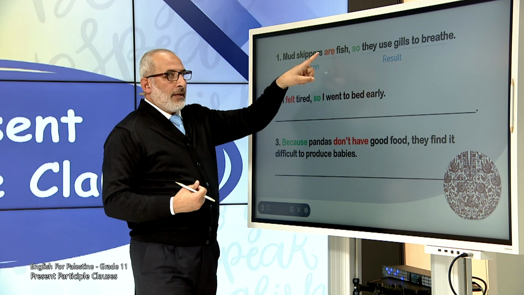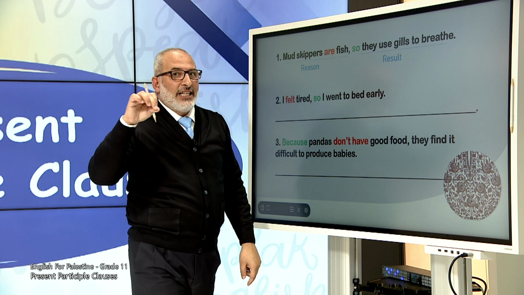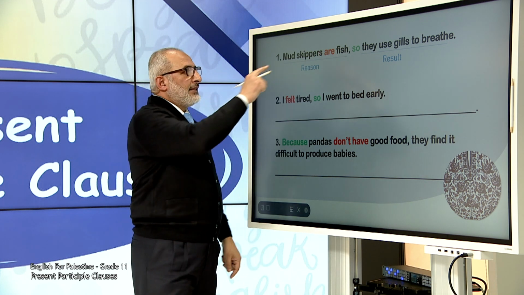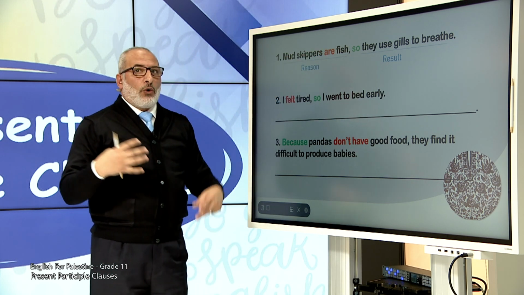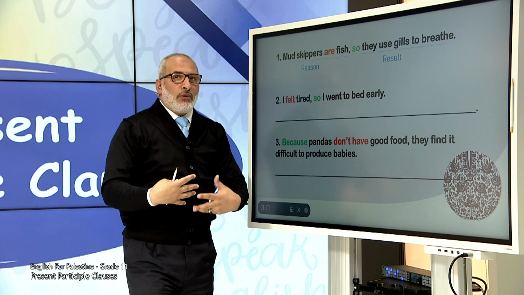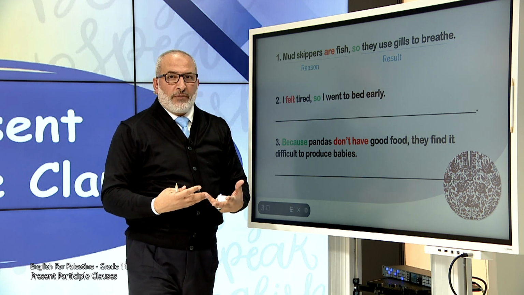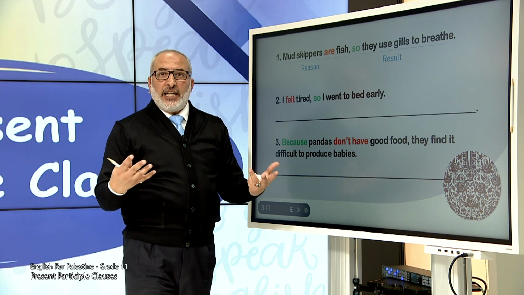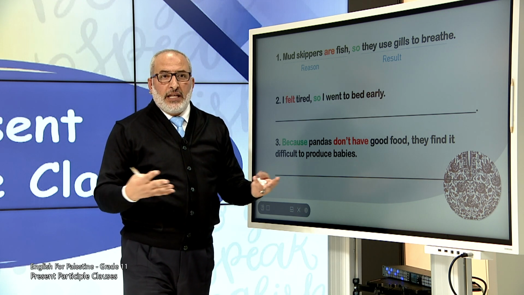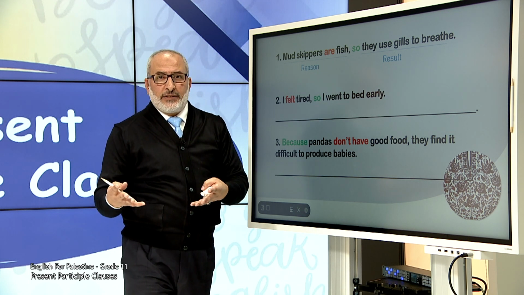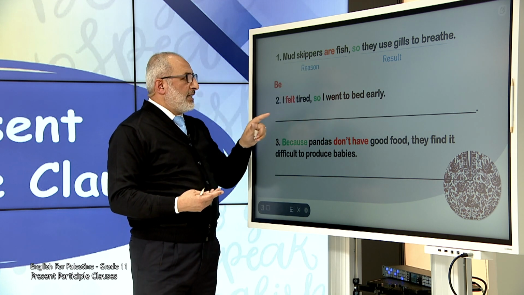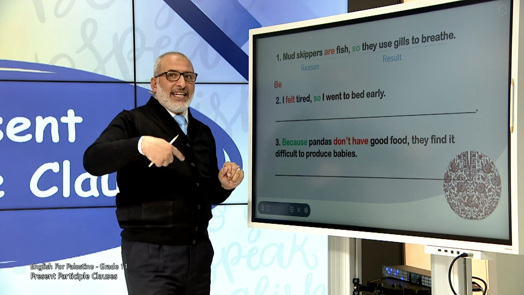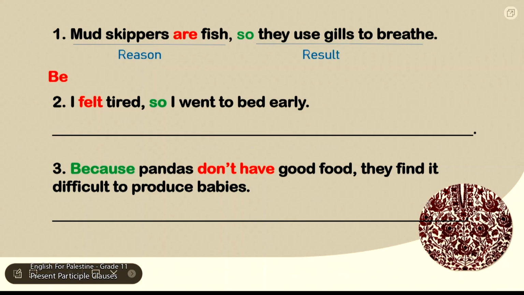Yes, the verb here is are. How can we make the ing form from the verb are? The ing form is simply the infinitive plus ing. So what is the infinitive of are? Yes, it is be. To make it ing, we add ing, so being.